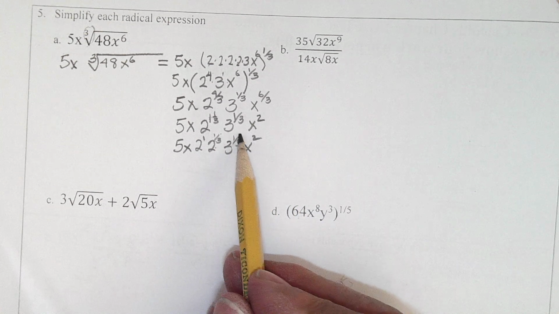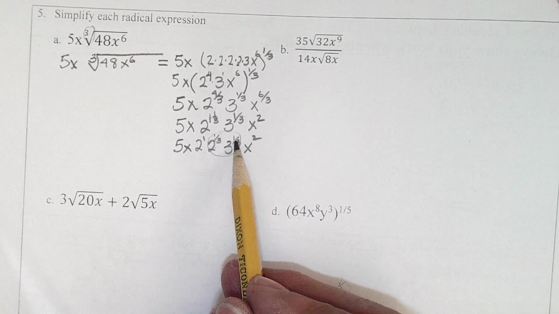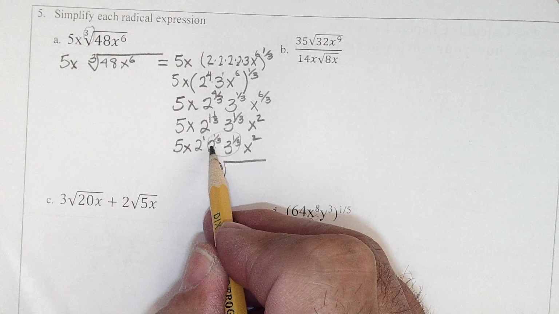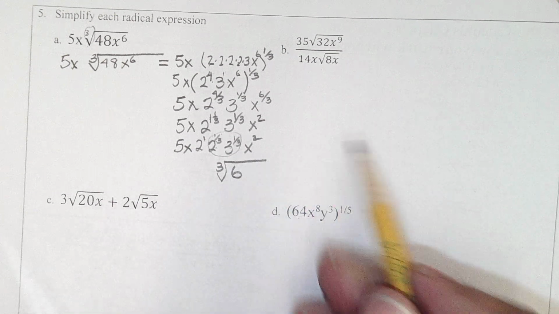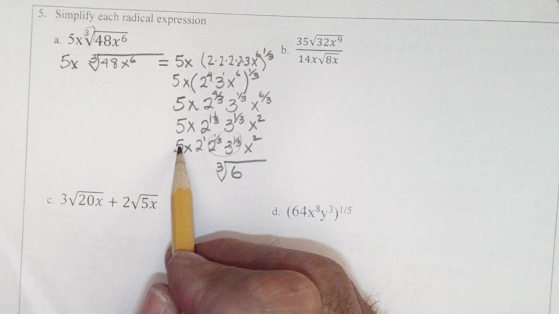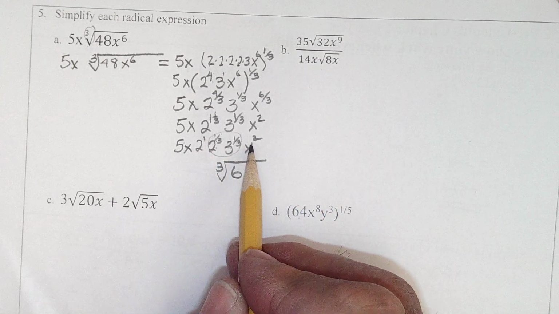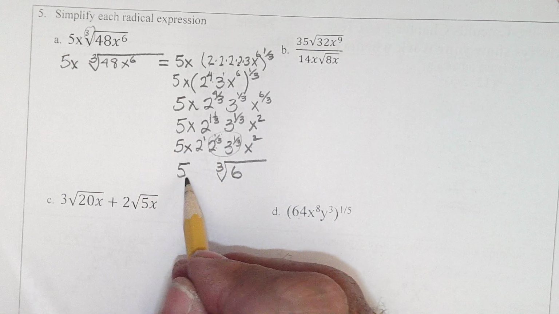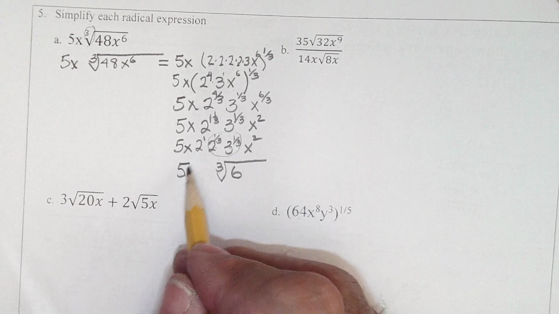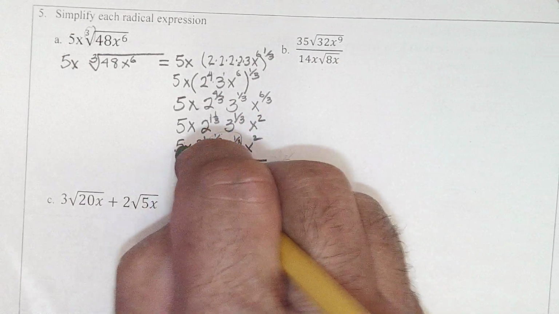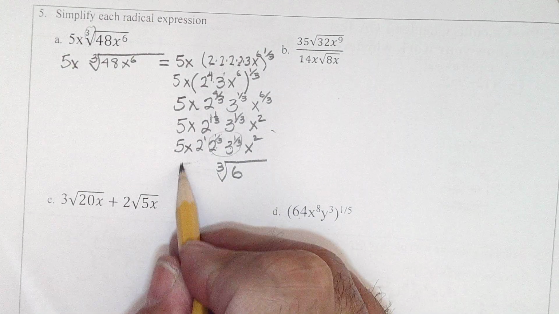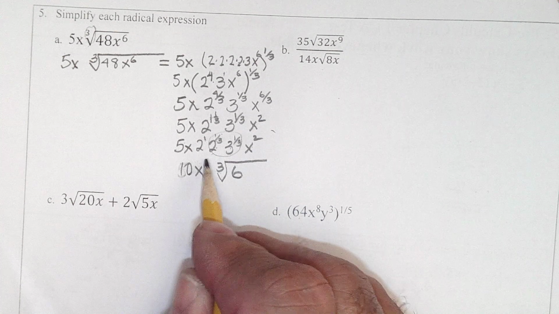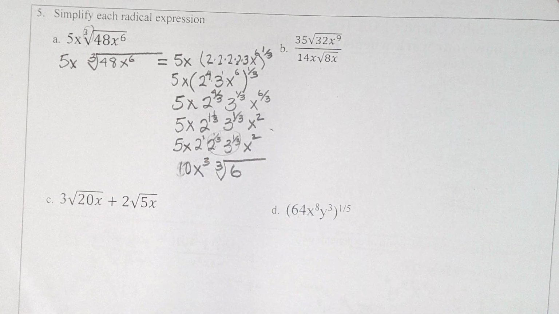So these have a 1/3 on them, so they're still under a cube root. 2 and a 3, so that's 6. And there's no 1/3 powers on any of these, so those are all outside of the cube root. 5 times 2 is 10. And x times x times x is x to the 3rd. So there's the answer.